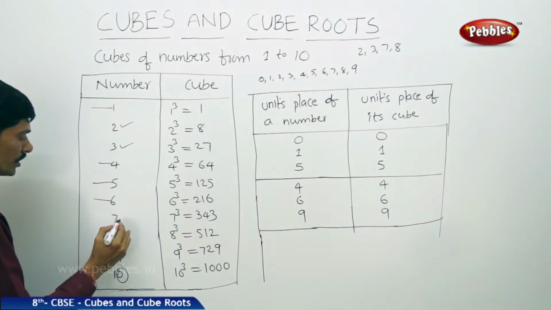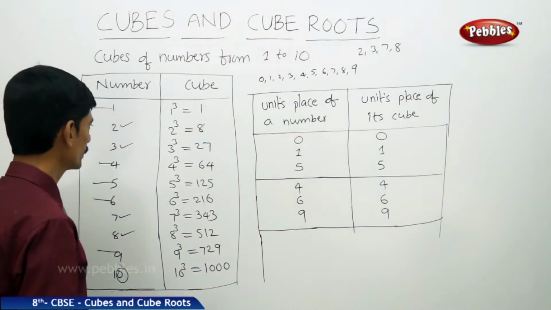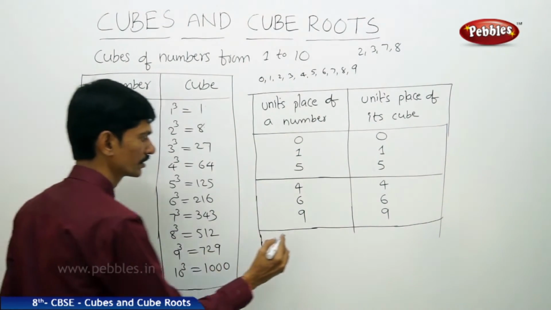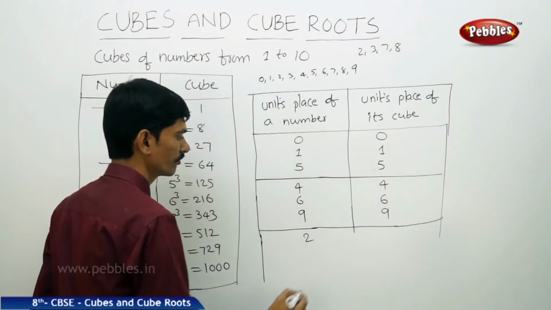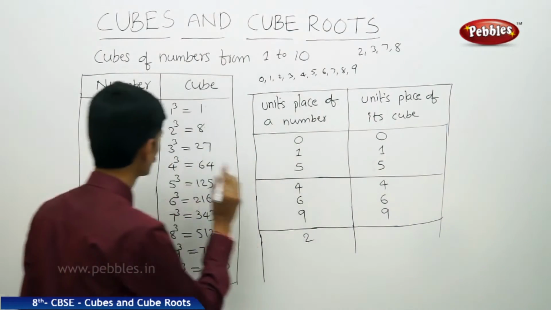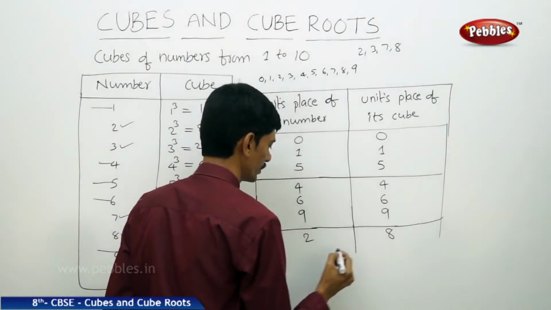Then we will take 2, 3, 7, 8. Now what about the units place of the given number 2? What about the units place of the cube of this number? So here 2 cube is 8. So we can write that here 8.